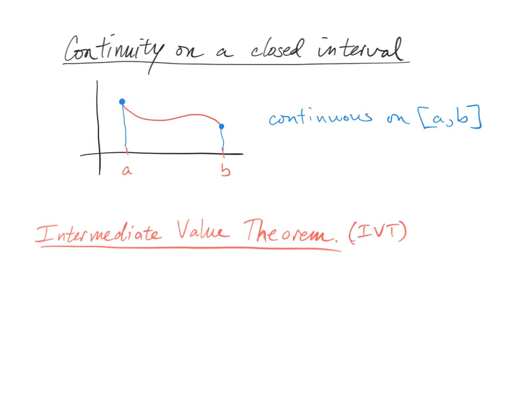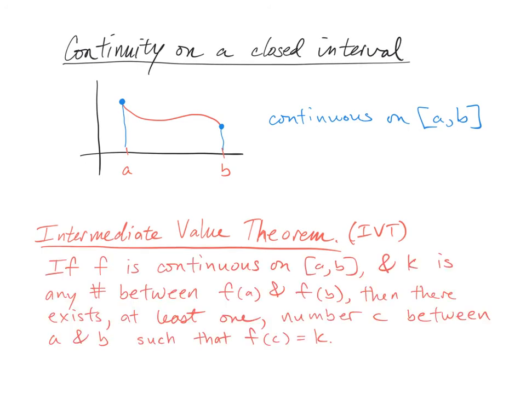And I just need to mention this because it is immediately used in the intermediate value theorem. The intermediate value theorem states, if f is a continuous function on the closed interval a b, and k is any number between f of a and f of b, then there exists at least one number c between a and b such that f of c equals k.